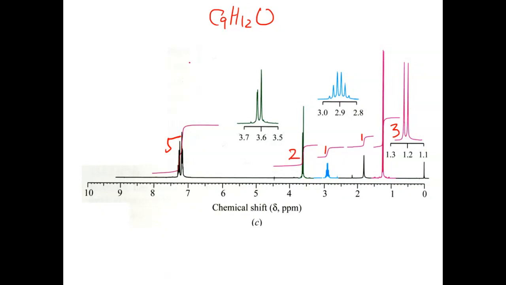So again, the 5 is the monosubstituted benzene ring. 3 is CH3, and this 3.6 ppm, this one is the CH2 connected to the O.